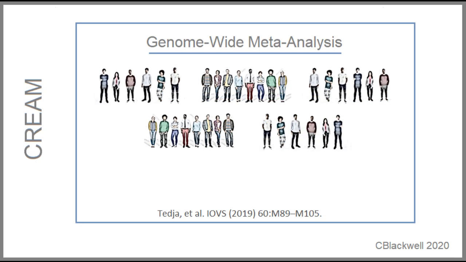However, for complex traits like height or myopia, identified markers or SNPs generally only account for a small fraction of the phenotypic variation expected from twin studies. The 2018 CREAM paper, even combined with the 23andMe datasets, only accounted for about 8% of the variation in refraction.